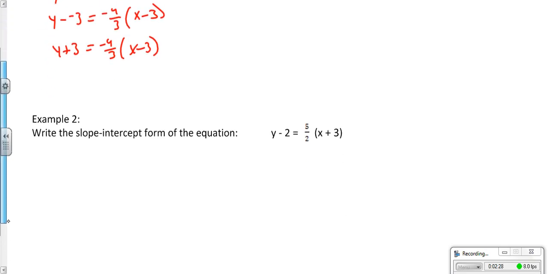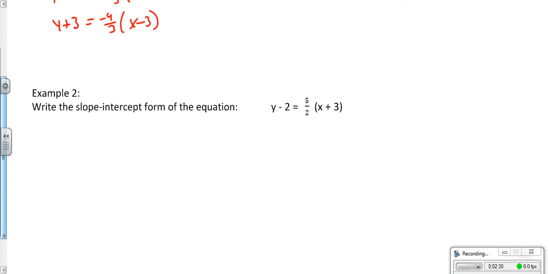Now, in example 2, you have an equation that's already in point-slope form, and they want you to put it into slope-intercept form. The nice thing here is it's not much work. We would get rid of parentheses first because slope-intercept doesn't have any parentheses.